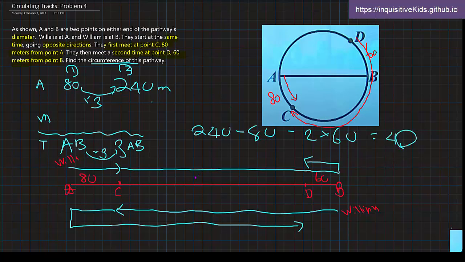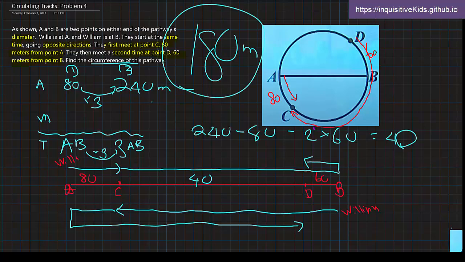So actually this part is 40. I drew it a bit too long. Now all we have to do is add these up. 80 plus 40 is 120. 120 plus 60 is 180, which means the final answer, the circumference of this pathway, is 180.